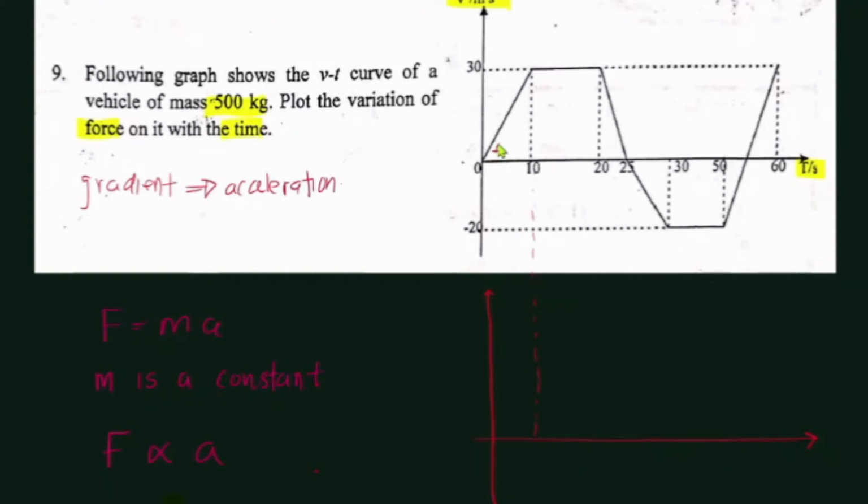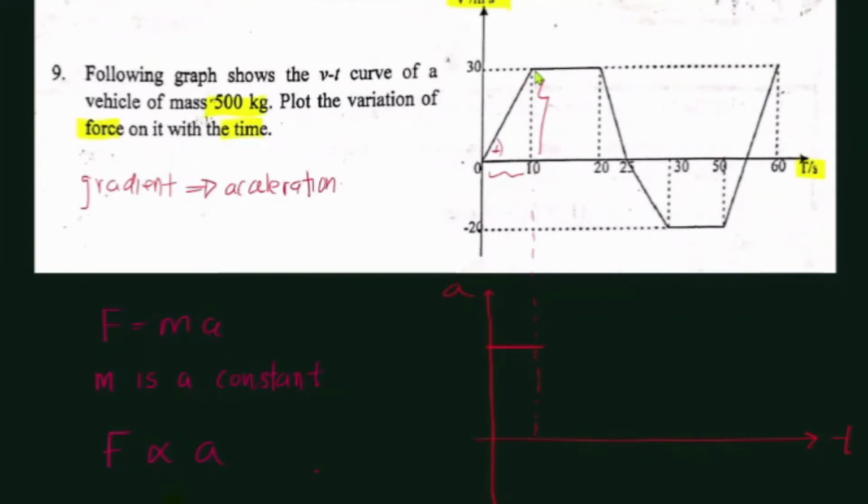Here, the gradient is positive, and it is constant, which means if we draw the AT curve, it has a constant acceleration, since the gradient is constant.